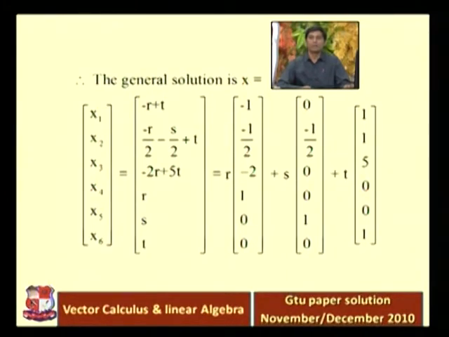The coefficients of r are, in the first answer, minus 1, then minus 1 by 2, then minus 2, 1, 0, 0, plus s, the coefficients of s in all the values of x1 up to x6 are 0, minus 1 by 2, 0, 0, 1, 0, plus t into the coefficients of t in all the values of x1 up to x6, that is 1, 1, 5, 0, 0, 1.